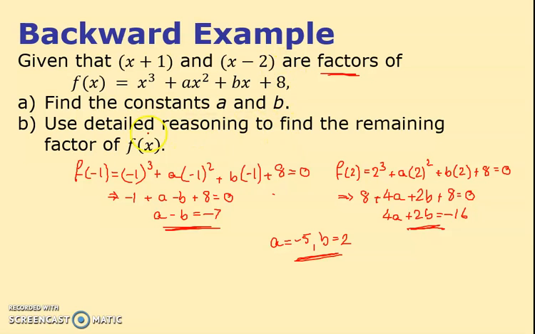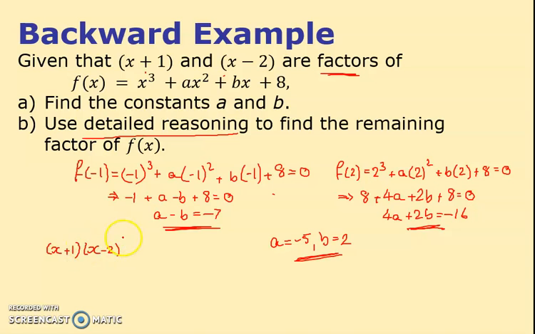Now look, the phrase "use detailed reasoning" tells me I've got to do a bit of work. I can't just cheat and look at the table function on the calculator, for instance. Use detailed reasoning to find the remaining factor. So I've got these two factors, so I better times them together: x plus 1 times x minus 2.